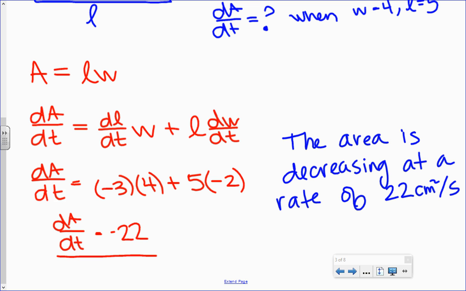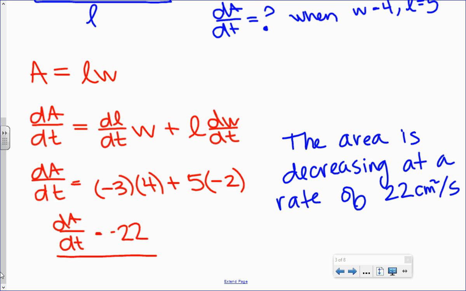Joe, am I making sense? If it's decreasing at 22 centimeters per second, I'm sure 1 second later it decreases by 22 square centimeters. Only if the length and width are changing at the same rate. But they are not, so that's not going to happen. Okay? I see what you're trying to say there.